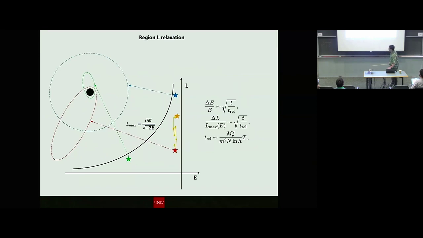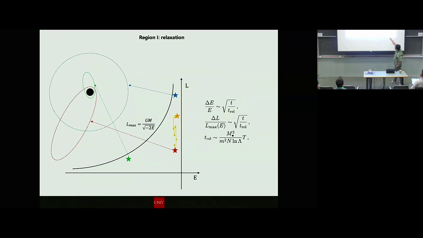If we consider the relaxation process, for example an orbit at very low energy and high angular momentum, due to relaxation this orbit will stochastically move in this parameter space. Since the binding energy in this region is very low, the stellar orbit will move slowly horizontally.